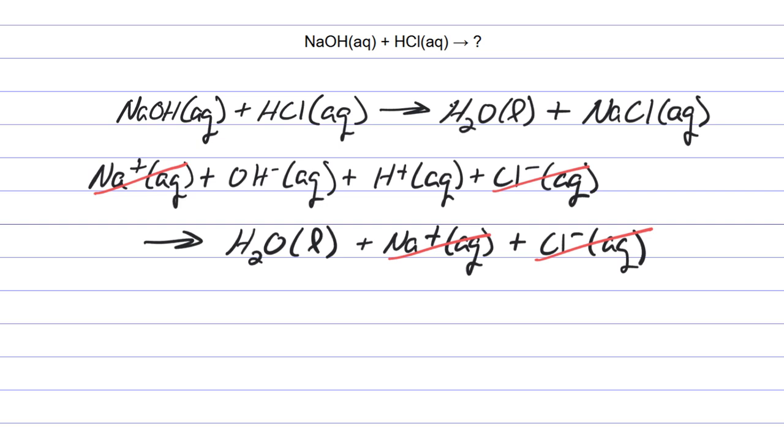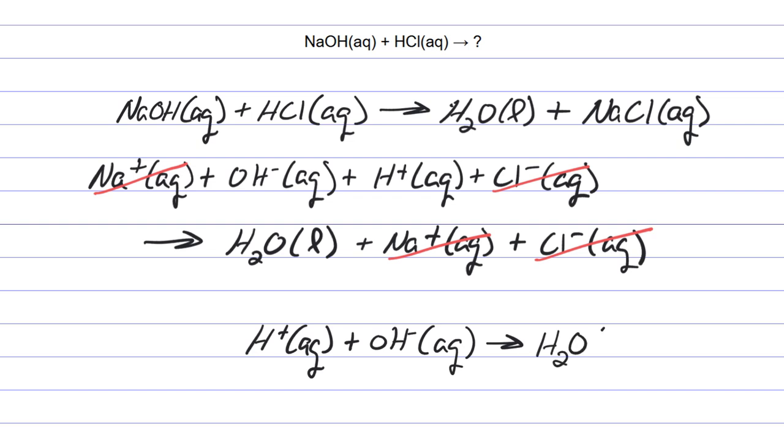And so to write the net ionic equation, we are going to use what's left over, which is simply H plus plus OH minus makes H2O. If you have a strong acid and a strong base, this will always be the net ionic equation.